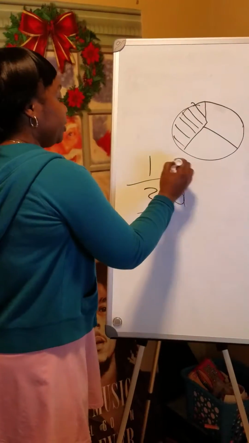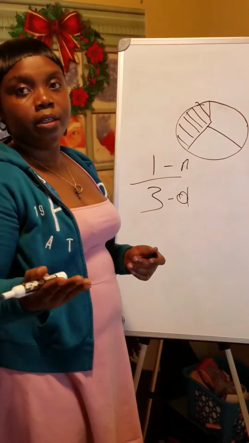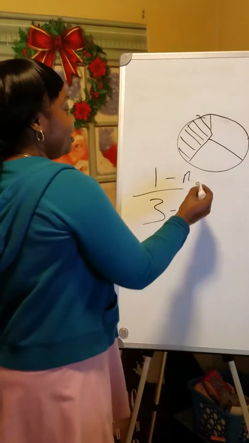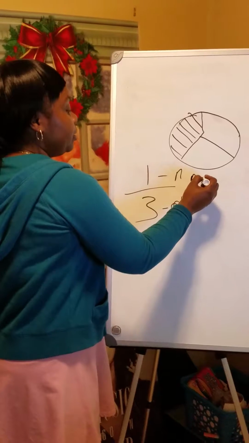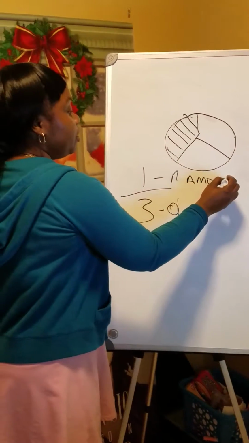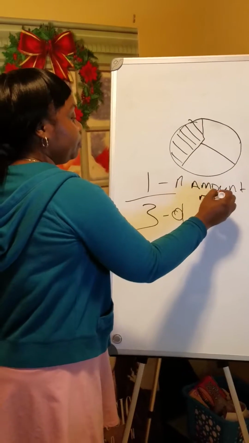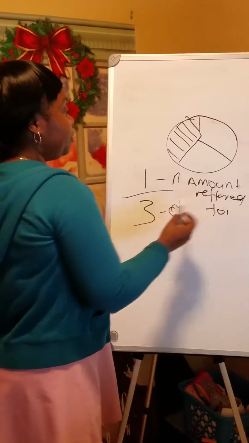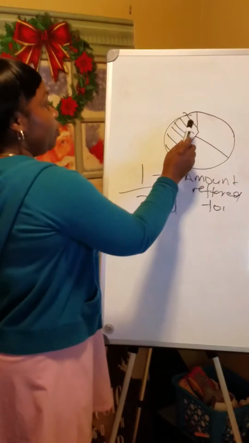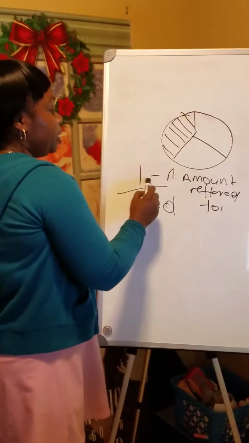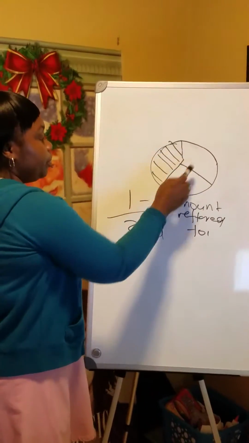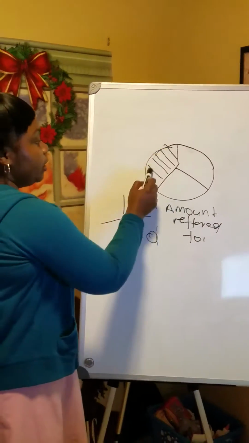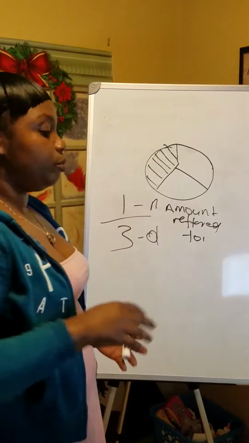And the numerator, the number on top, tells us what? The amount that's being talked about, or the amount that's being referred to. My spelling is a little off today. So just one part would be the numerator, 3 parts the whole. So 3 sections is the denominator, and they're talking about one part, which is the numerator.